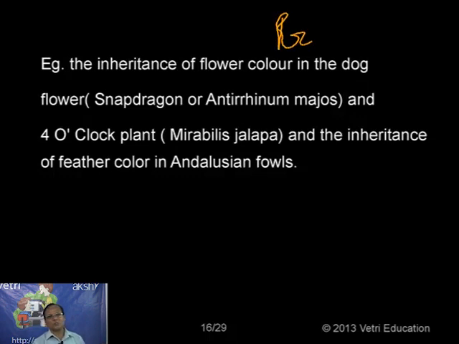But we have the expression of an intermediate character. So red and white, we are getting pink. When the F1 individuals are self-fertilized, again we received plants.